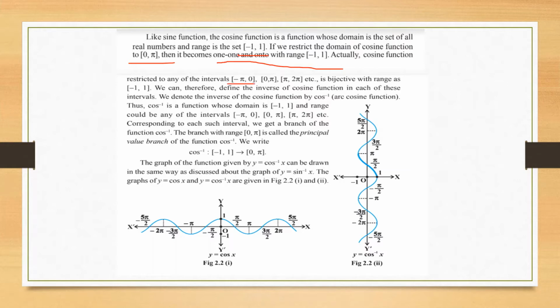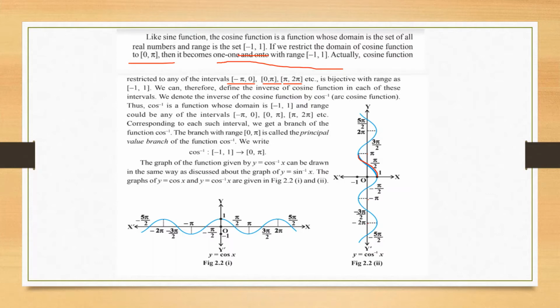You can see from here that it can be restricted during, say, π to 2π. Then it is from 0 to π, you can see from 0 to π, and then -π to 0, you can see from -π to 0.